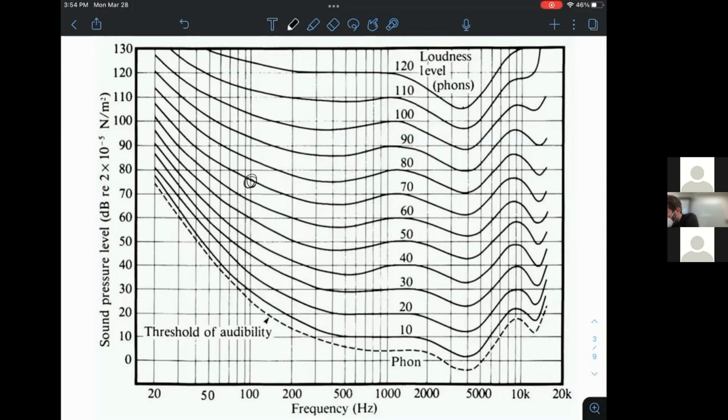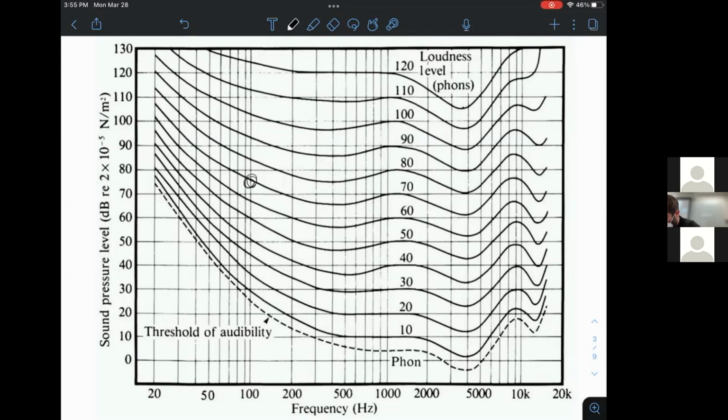I think it's helpful to think about how this chart was made. Basically, I played 1,000 hertz at 20 dB, and said, keep that volume in your head. Then I play 20 hertz, and see how loud I need to turn it up so it sounds just as loud to you.